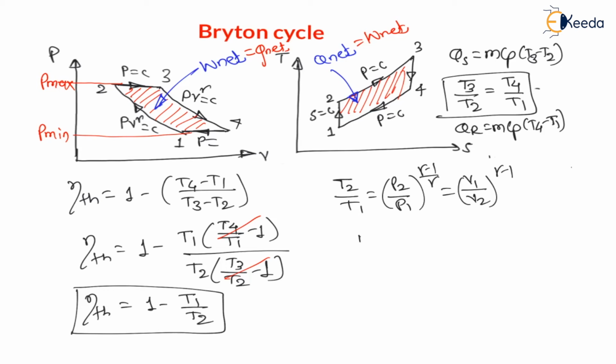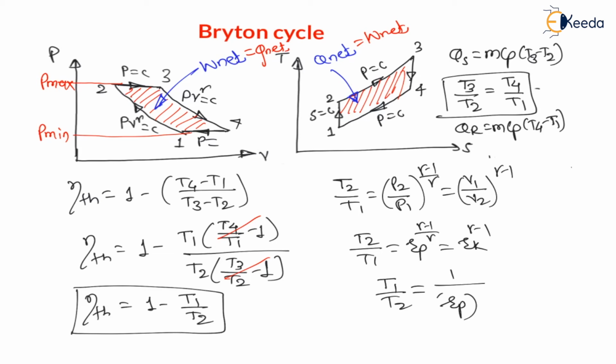So T2 divided by T1 is equal to P2 divided by P1, the pressure ratio, raised to (gamma minus 1) upon gamma, is equal to V1 by V2, the compression ratio, raised to gamma minus 1. Therefore, T1 divided by T2 will be equal to 1 upon the pressure ratio raised to (gamma minus 1) upon gamma, is equal to 1 upon the compression ratio raised to gamma minus 1.